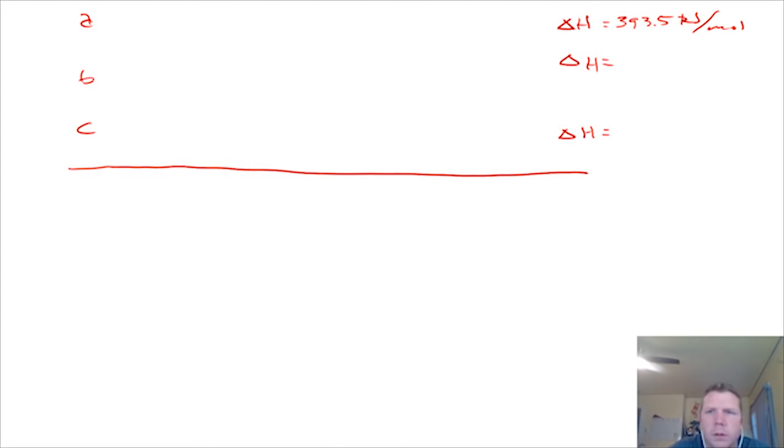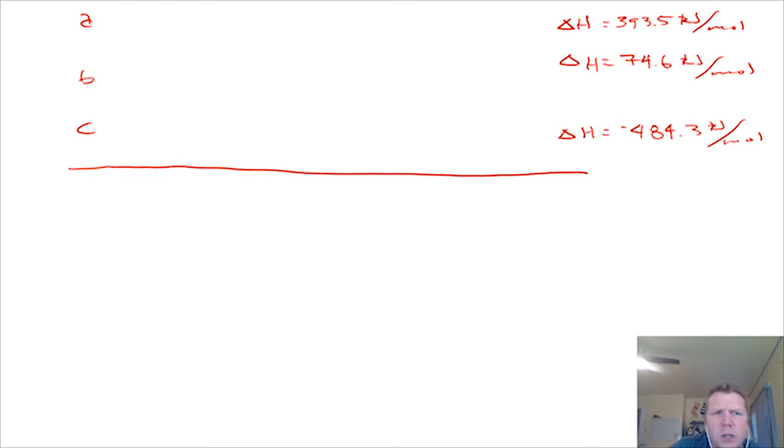The second one, 74.6 kilojoules per mole. And then the last one here is a negative 484.3 kilojoules per mole. Now I understand I haven't written any specific reactions, but I'm going to do that in just a moment.